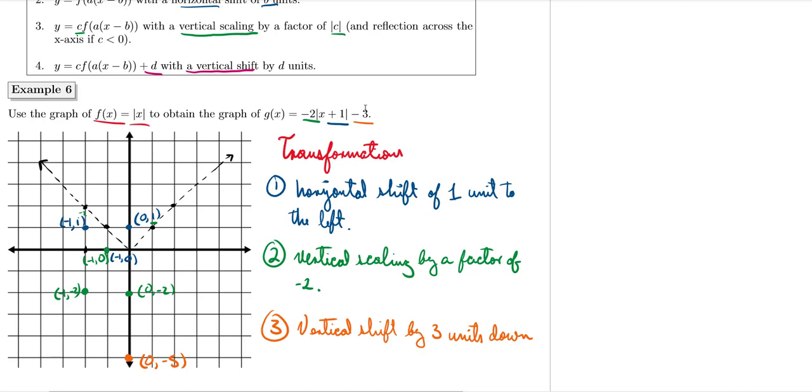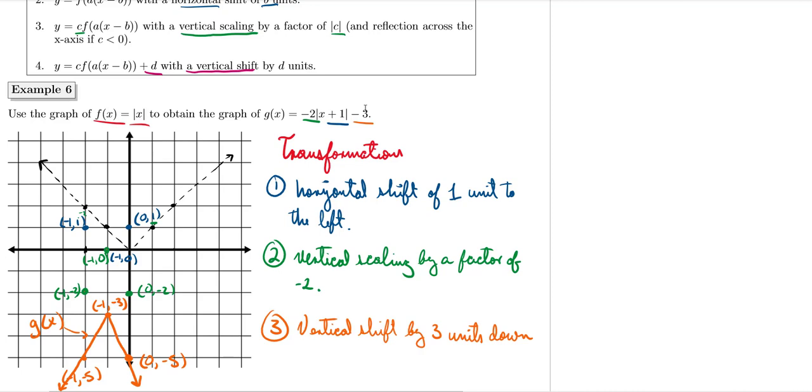This point here is going to come down 3 units, there we go, at negative 1 comma negative 3. And last but not least, we're going to have our point right here at negative 1 comma negative 5. And this should be the resulting graph. And this is the g of x.